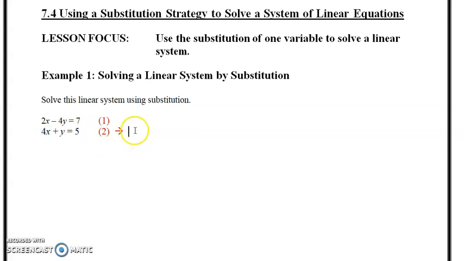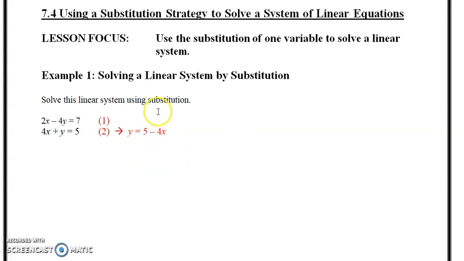So we're going to rearrange the formula for y. It's going to end up as y equals 5, and then we put the 4x on the other side, and in doing so we have a subtraction symbol, because it was positive on the left-hand side, so when we bring it to the right-hand side, that's going to make it subtract 4x. So that's what we want to do there.